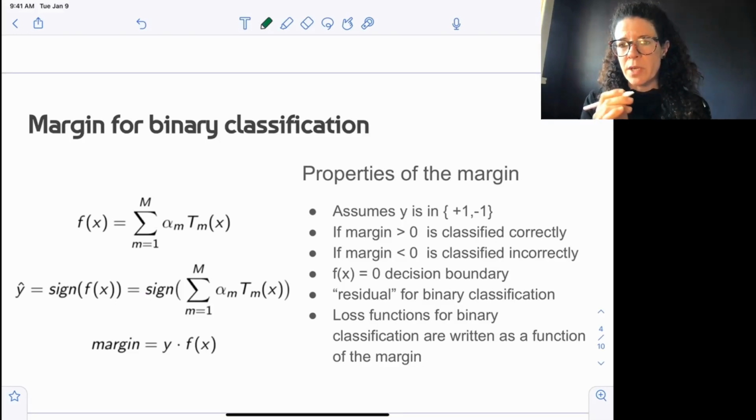If you remember, in regression, we most of the time write the loss functions as a function of the residual. Also notice that when f(x) equals 0, that is the decision boundary for that model.